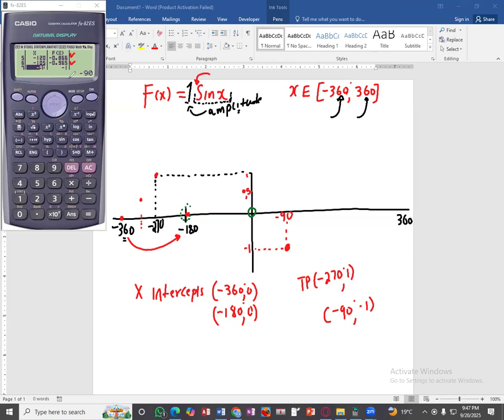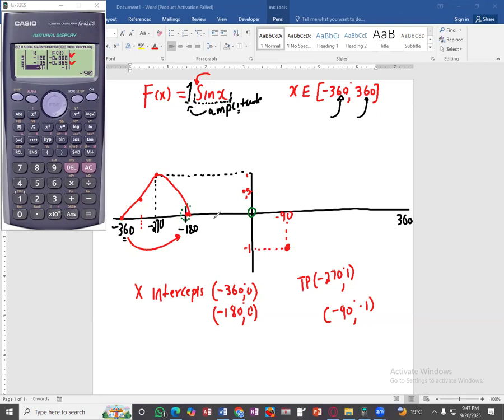I know that the graph, when it comes underneath, let me show you here, the graph will go like this, at negative 360, 0, at negative 270, 1, go here, negative 180, and then the graph will go here, minus 90 and minus 1.